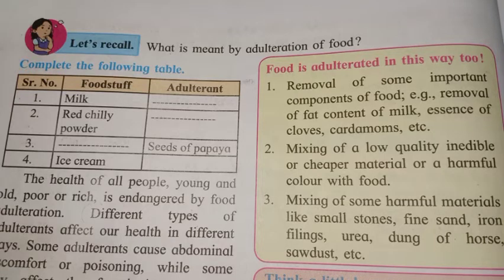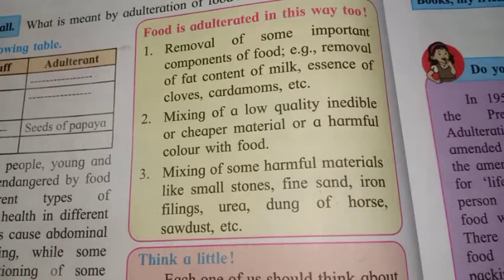And what happened because of this? Yes, correct. We are getting only more quantity of milk, but whatever nutrients we should get from that much quantity, we are not getting from it. Now let's discuss a few more points about adulteration of food.